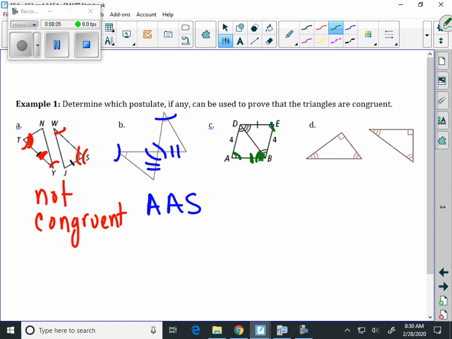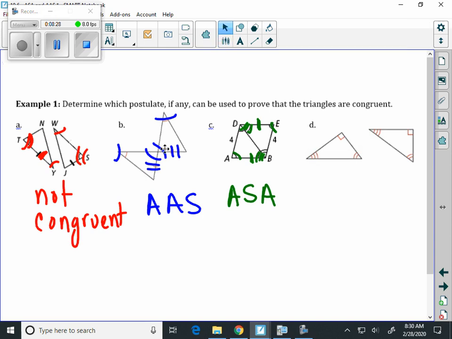In our other triangle, we've got angle E, we've got angle BDE, and its included side. And this one, we can say angle, side, angle. There's other options on that one.